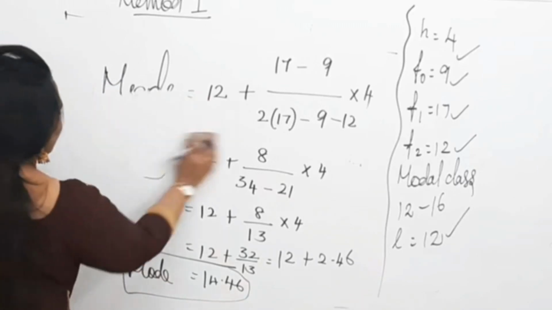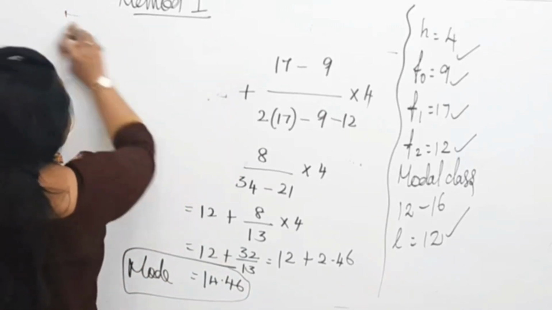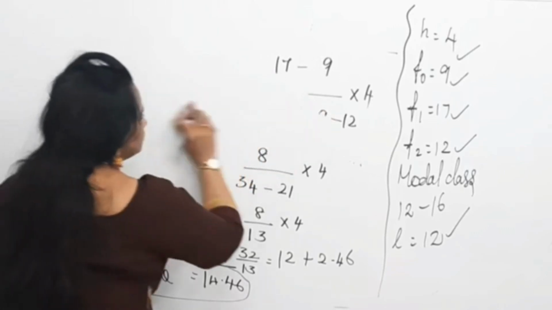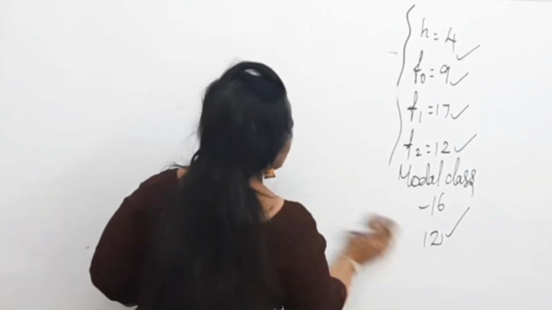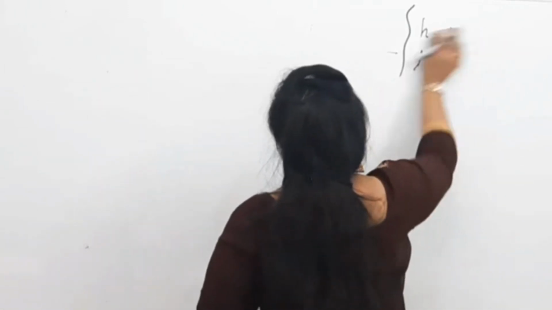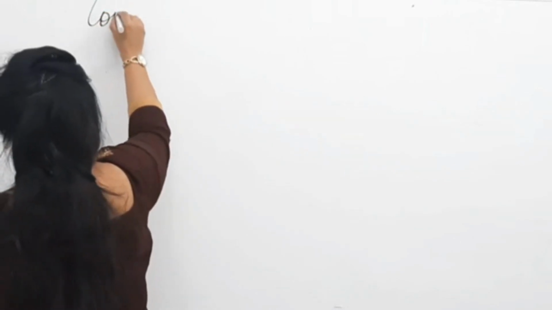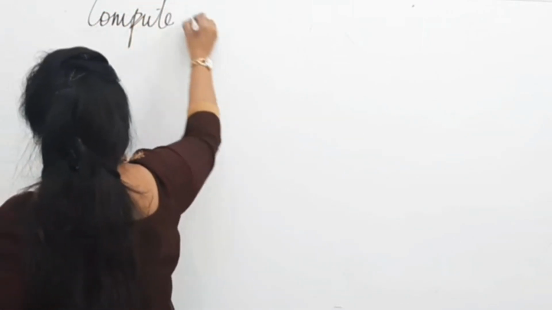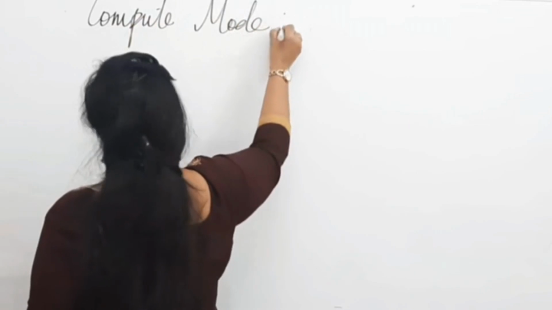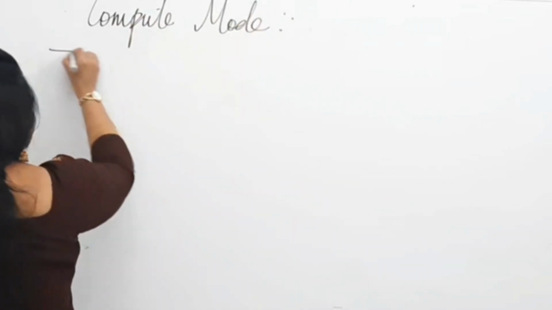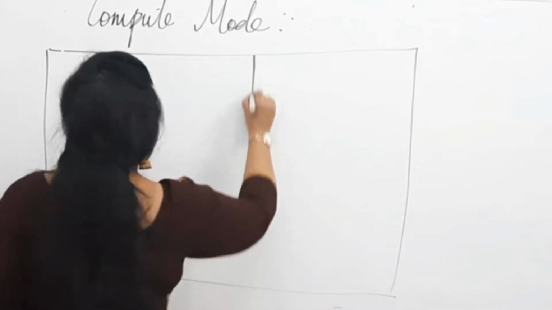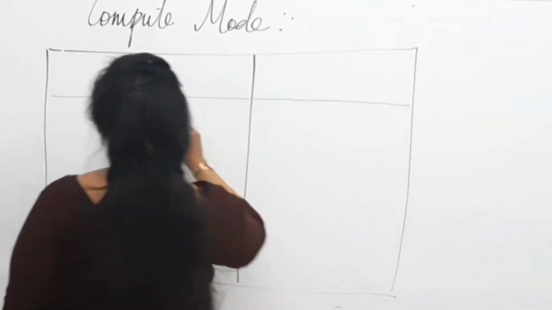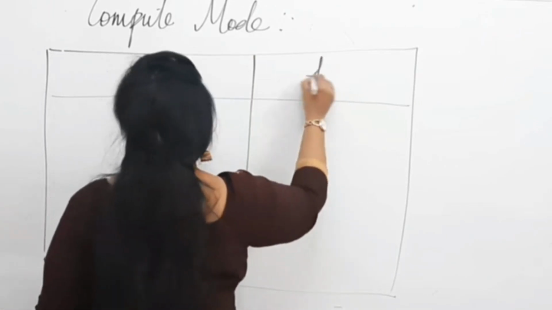So my question is as follows: compute the mode for the following distribution table. The question is given in a table, with class interval and frequency.